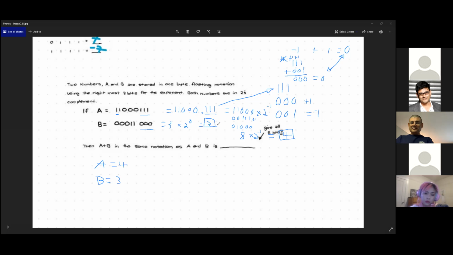I'll put it in my little box. And then A plus B in the same notation as A and B is, well, 4 plus 3 is equal to 7.